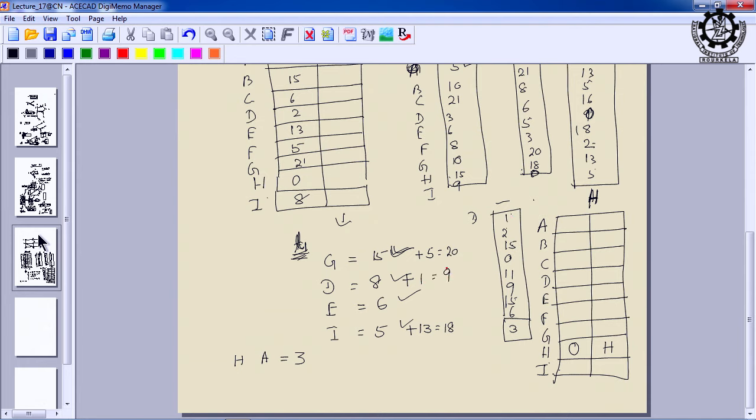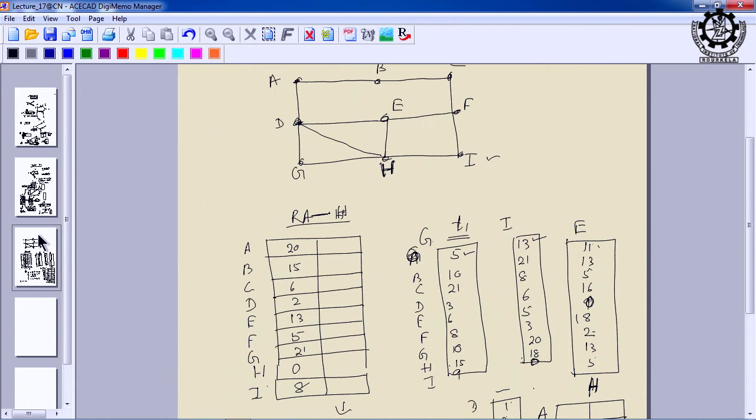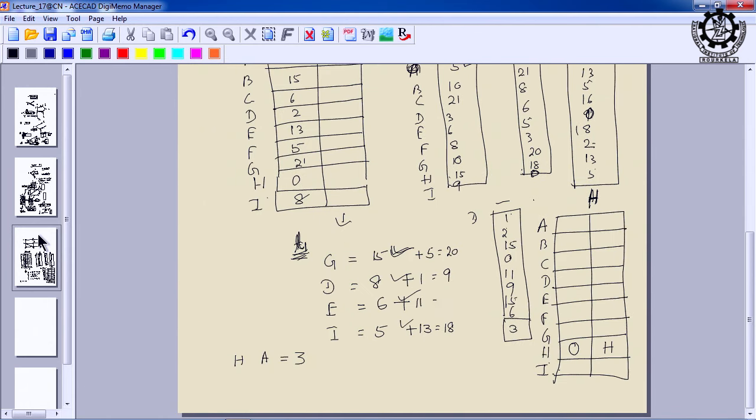And if H goes via E, then the cost is 6, and in E's table, the value is 11. 6 plus 11 is 17. So, which is the lowest value now in the updated table? Definitely 9 is the lowest cost. So, now if H wants to reach A, the new cost is 9, and the preferred path is D.